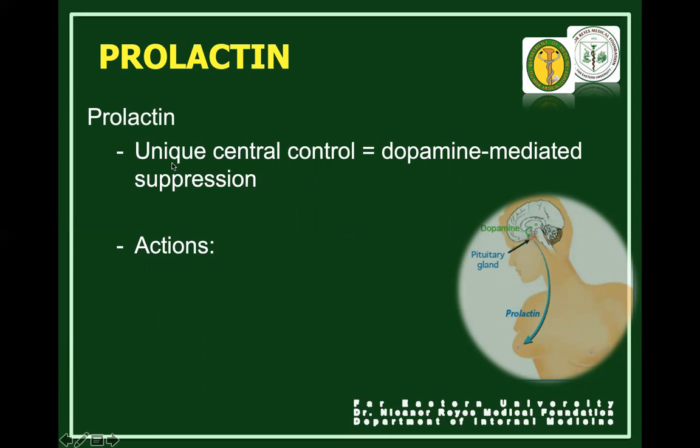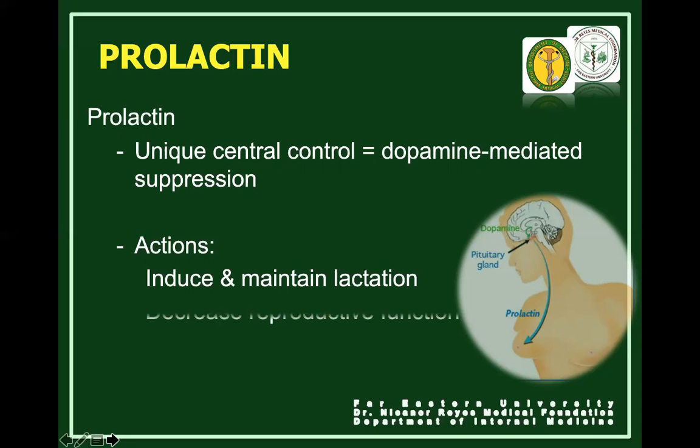So imagine your prolactin doesn't have to be secreted always. It should be actually suppressed. Otherwise, we'll end up with a pool of milk, no? If this one is uncontrolled. So you know that its action is to induce and maintain lactation. So it's mainly for females, and also decreases reproductive function.